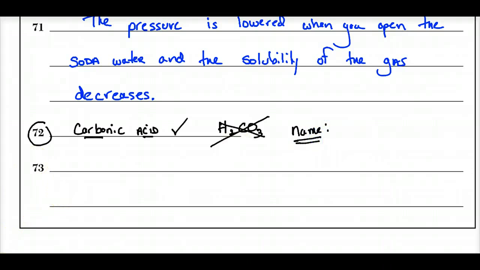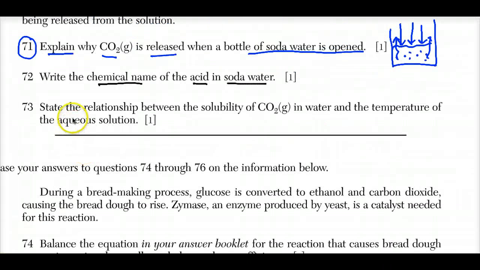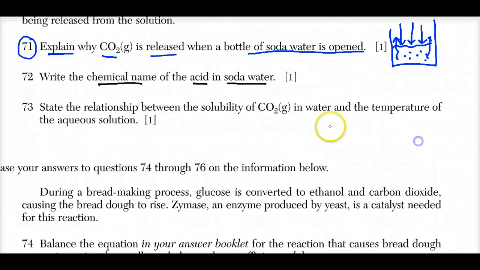Read carefully. Number 73. State the relationship between the solubility of CO2 in water and the temperature of the aqueous solution. Well, you should know that gases are less soluble under warmer conditions.